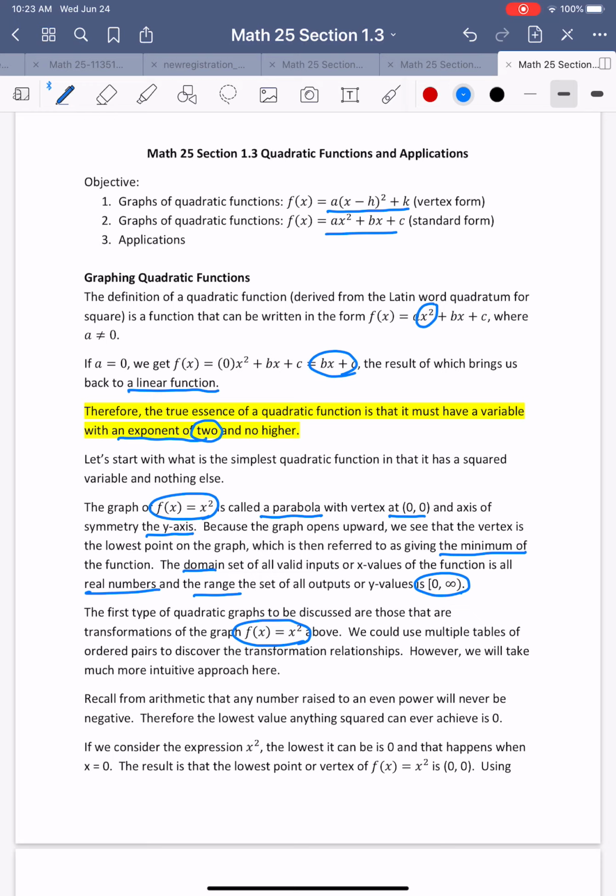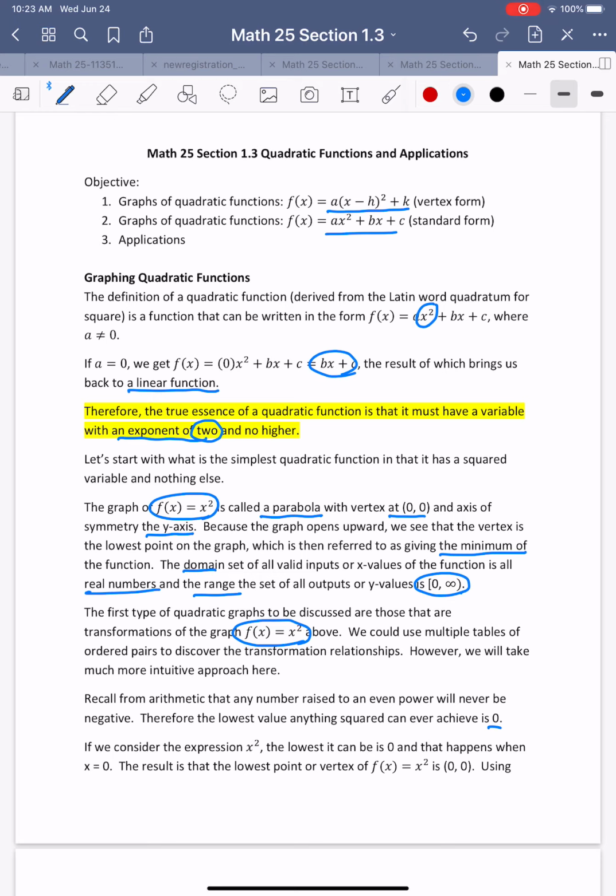So the lowest value anything squared can achieve is 0, because the square is always positive. 0 squared is 0, but negative 1 squared is positive 1, and negative 2 squared is positive 4. So everything goes positive except 0 squared, which equals 0. You're never going to see any negative.